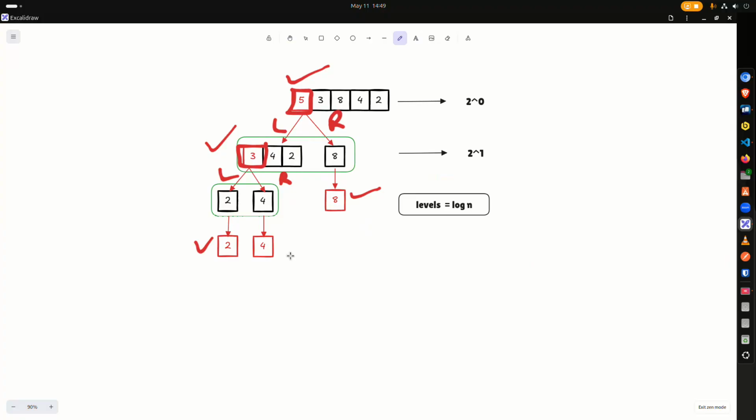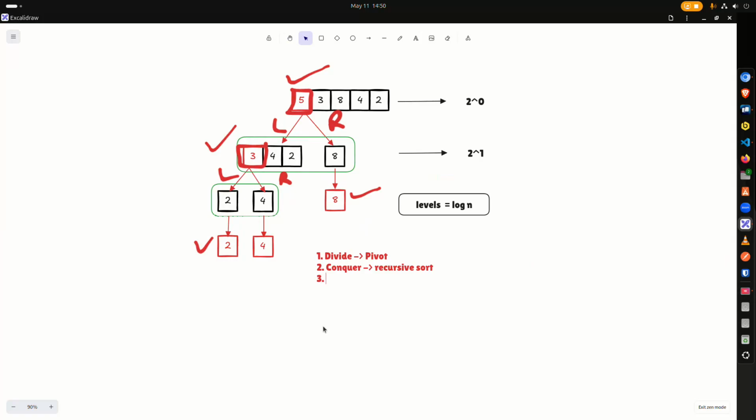Okay, so we know that in divide and conquer we have 3 parts. Divide: how do we divide? Using the pivot element. Then second is conquer. In conquer, we take the left and right sub problem and recursively sort.